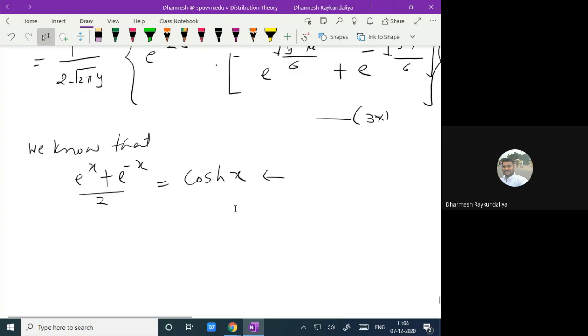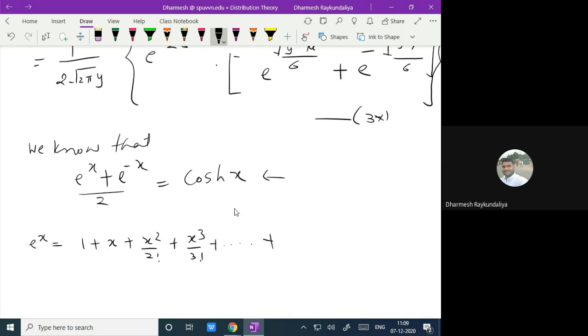Okay, so what we can write for this, we know that the expansion of e raised to x is 1 plus x plus x square by 2 factorial plus x cube by 3 factorial plus, up to infinity, it is an infinite series.